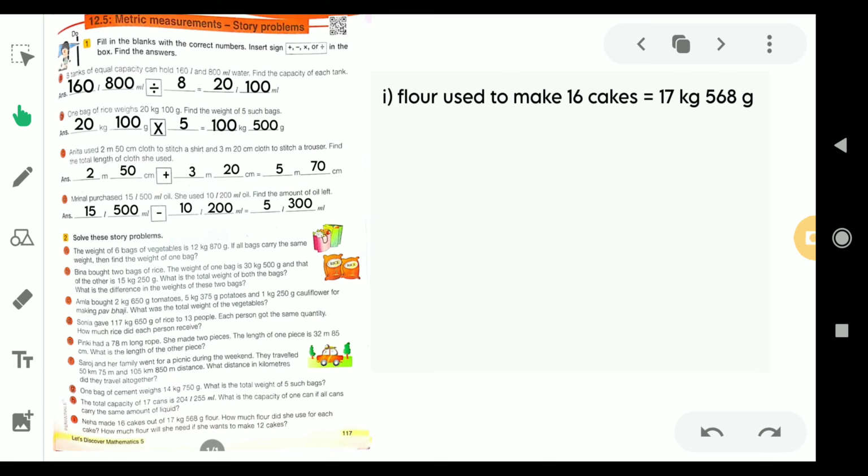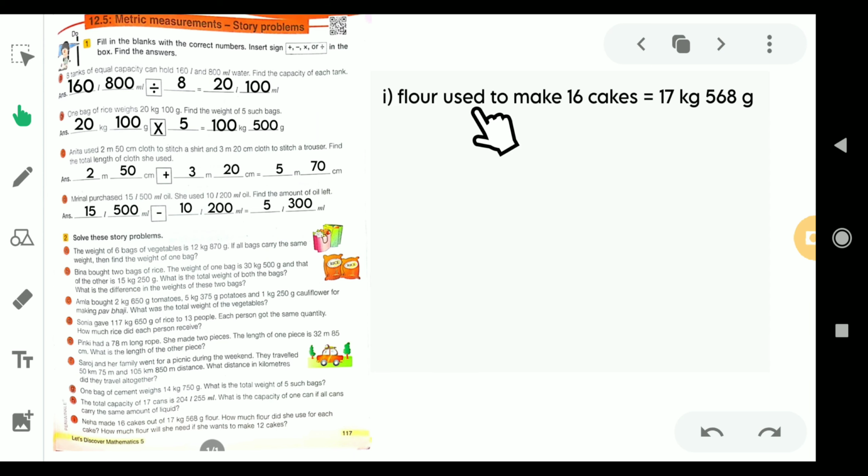Let's move on to the next question, that is I. Neha made 16 cakes out of 17 kg 568 gram of flour. So there is flour of weight 17 kg 568 gram. Out of this flour she made 16 cakes.